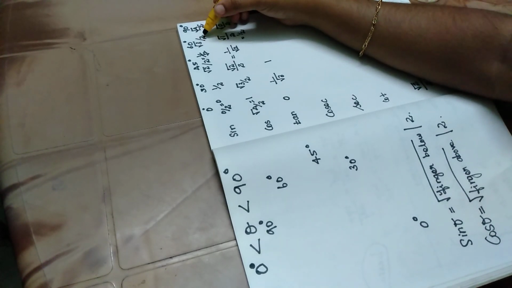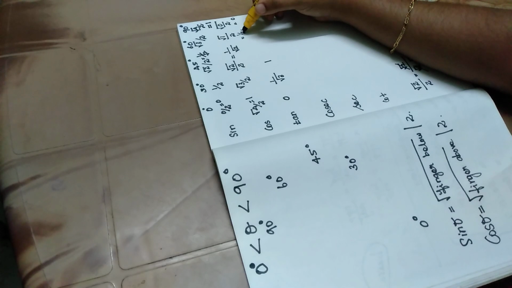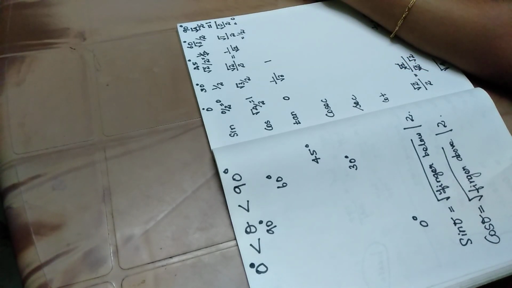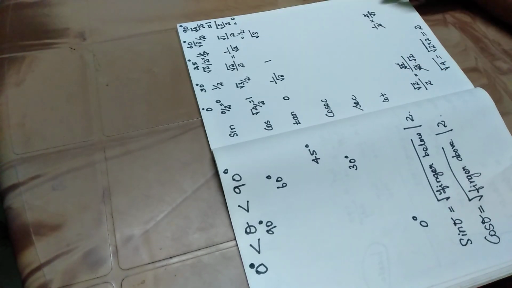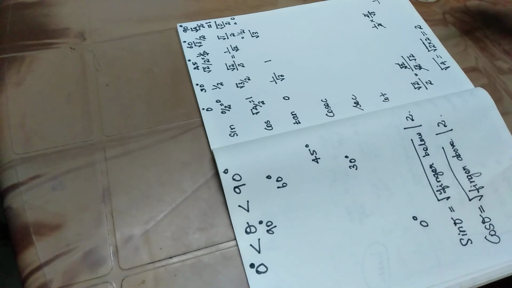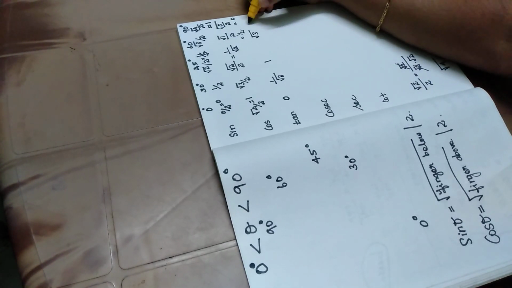Now square root of 3 by 2 divided by 1 by 2. So it will go to the reciprocal, isn't it? So what will you get here? Square root of 3. Now 1 by 0. Divided by 0, it is not defined, isn't it? So undefined.